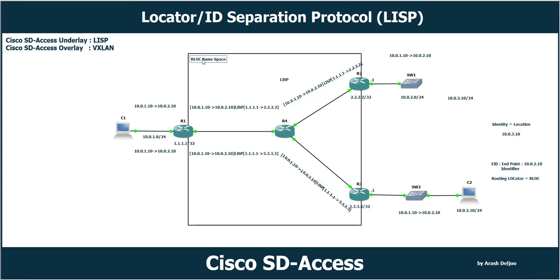And behind the routers, we have the EID namespace. We separated these two namespaces from each other. It means that if you change your place, you don't need to change your identity.